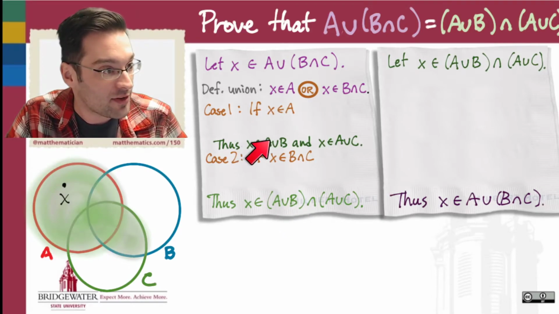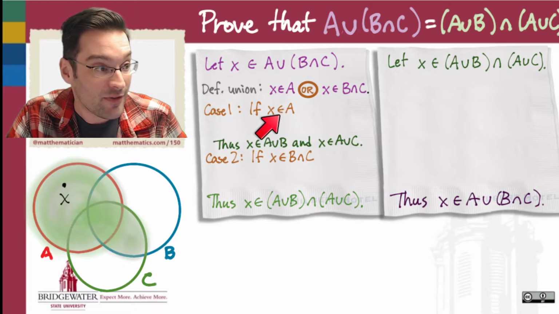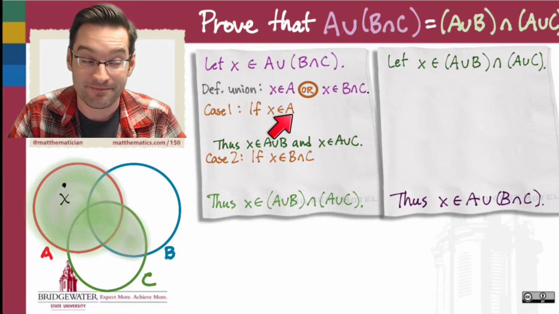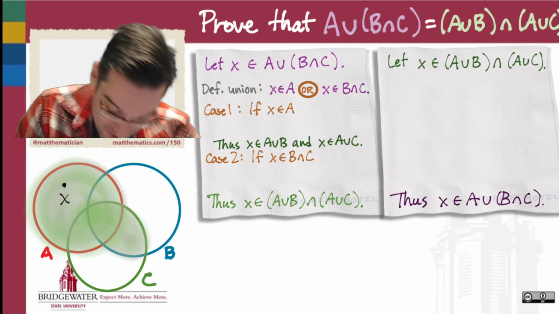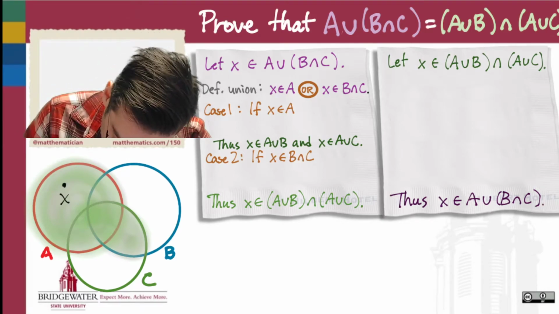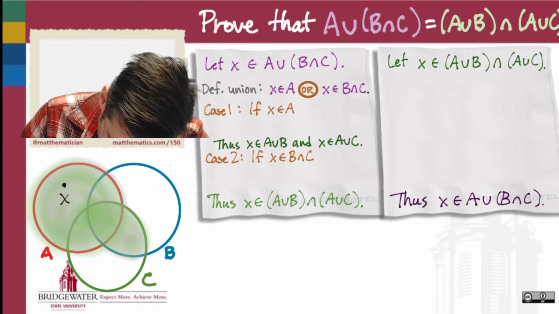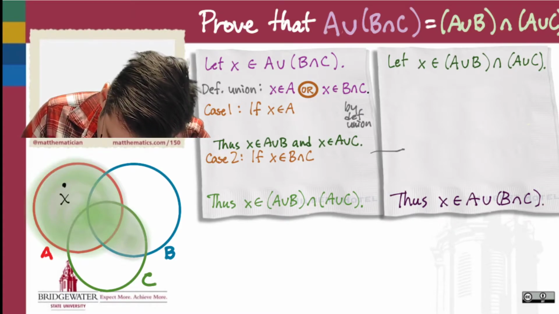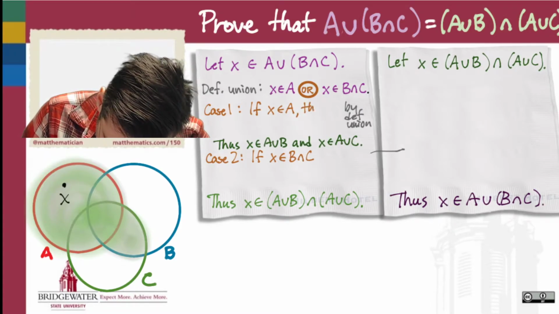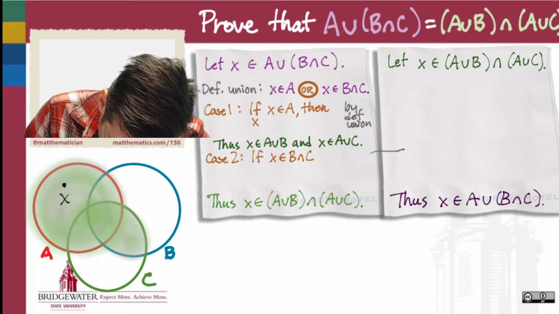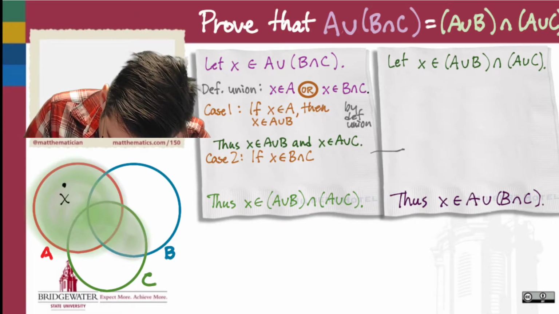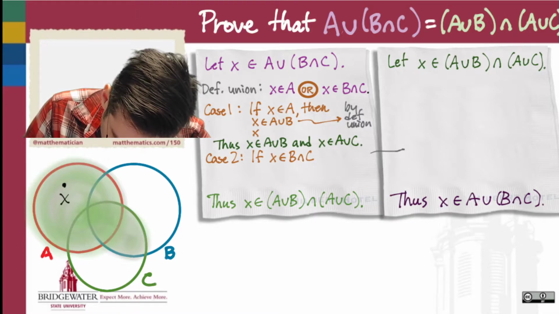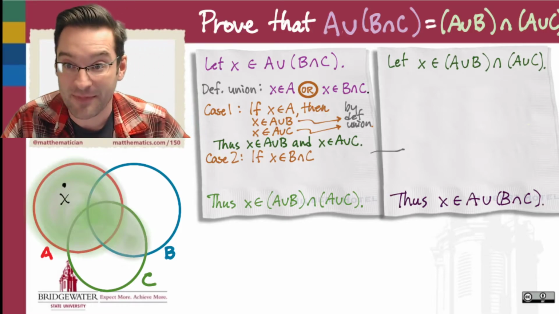So how do I know that X is going to belong to the union of A with B if I know that X belongs to A? By the definition of union, exactly. If X belongs to A, then by definition of union, we know X belongs to A union B, but then also X belongs to the union of A with C by the definition of union, right?